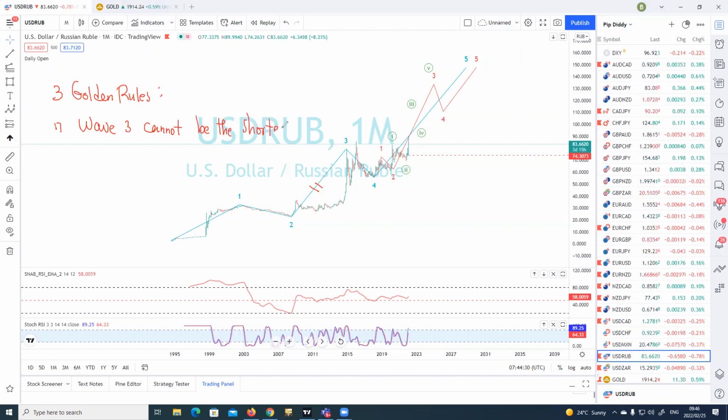Wave 3 cannot be the shortest, and also wave 4 is not allowed to overlap wave 1. Like this wave 4 here is not allowed to come into the territory of wave 1.